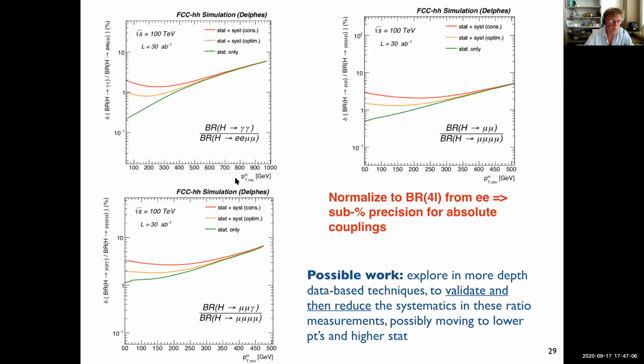And as a function of the pT min of the Higgs, you see the green is the statistical uncertainty, and these two yellow and red lines correspond to different scenarios for the systematics. The optimistic one has a minimum at about 200 GeV. That says indeed that operating in this regime of slightly boosted Higgses provides the sweet spot, an optimum compromise to optimize the precision.